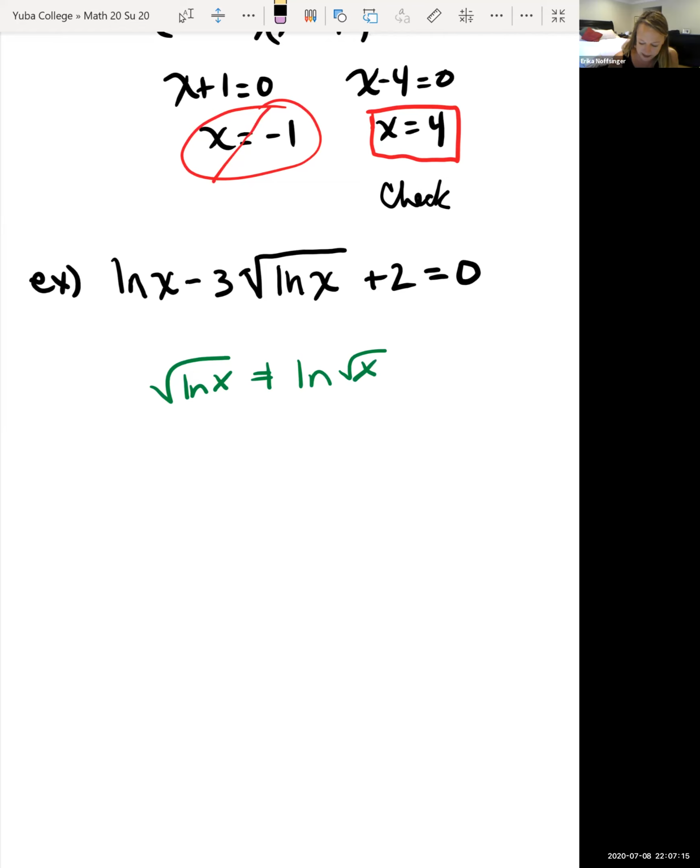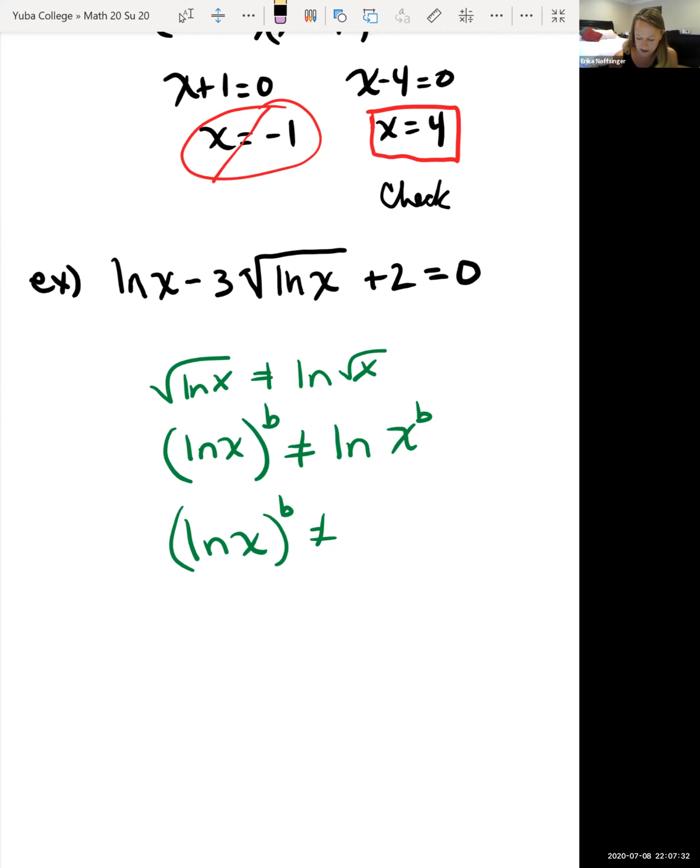Or another way to say it, ln of x to any power b is not the same thing as the natural log of x raised to the b power. And so if you have a natural log, and that whole natural log is raised to an exponent, you can't bring that down front because they're not identical.